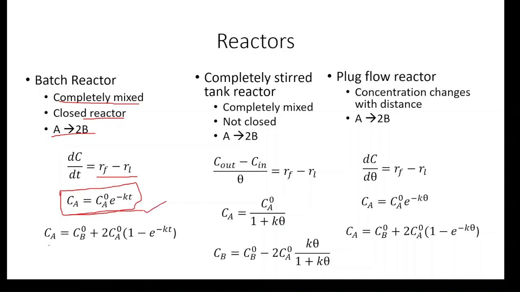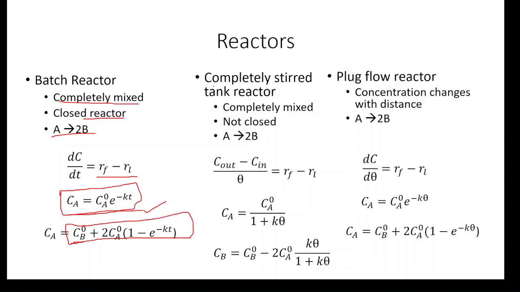If we want to write it in terms of B, it can also be written as Cb is equal to Cb naught plus 2 Ca naught times (1 minus e raised to power minus kt). Sir has explained how this is taken forward. All this derivation was explained earlier.